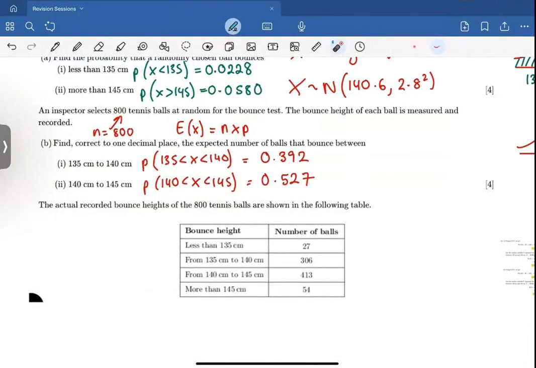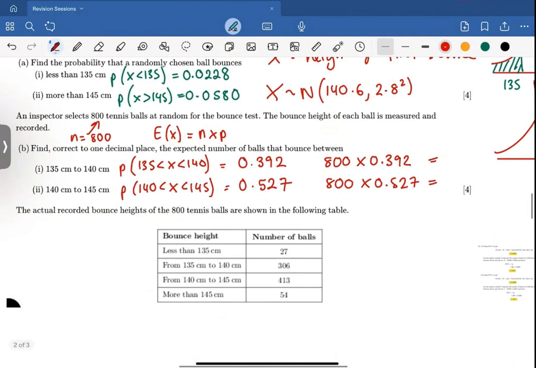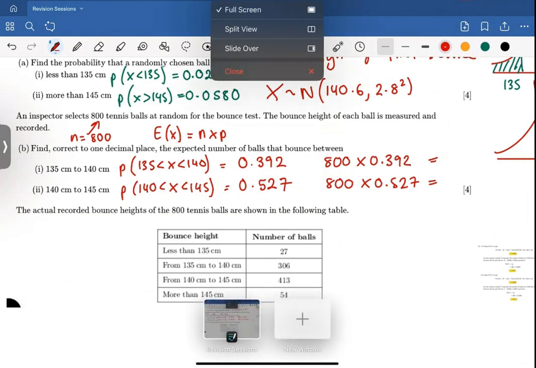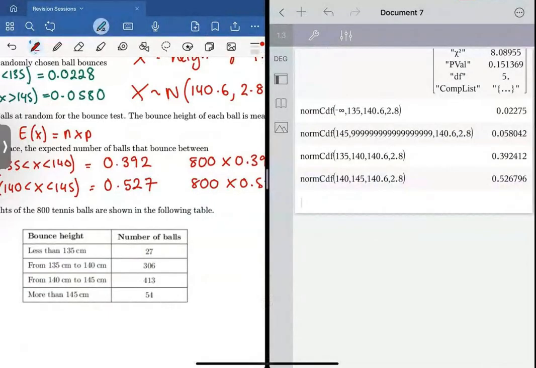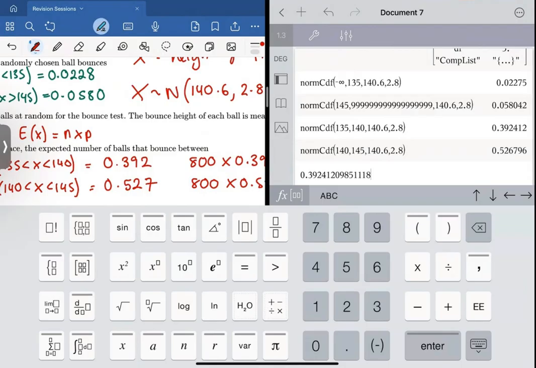Now, to find out the expected number of balls, we need to take our 800 and multiply that by both of these. So 800 multiplied by 0.392 and 800 multiplied by 0.527. That will work out the expected number of balls that bounce between those two heights. Okay, back to my calculator. Now, the best way to do this would be to do this as you were going along. So if I take this answer here, can I paste it and multiply that by 800?